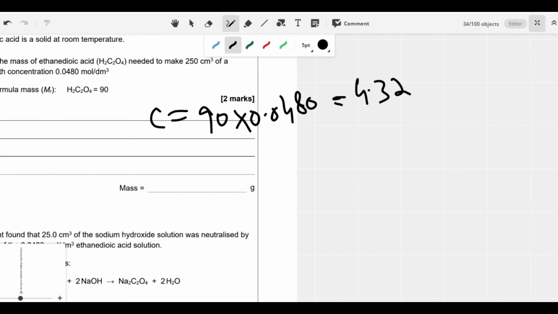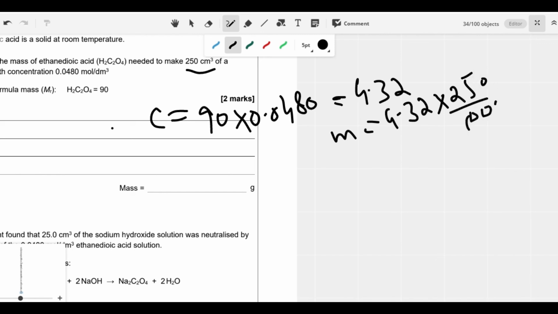Then for finding the mass, it is equal to the concentration, 4.32, times the volume in decimeter cubed. Here we have 250 centimeter cubed, so you need to convert it by multiplying by 250 over 1000. So the mass will be equal to 1.08 grams. That is the one method.